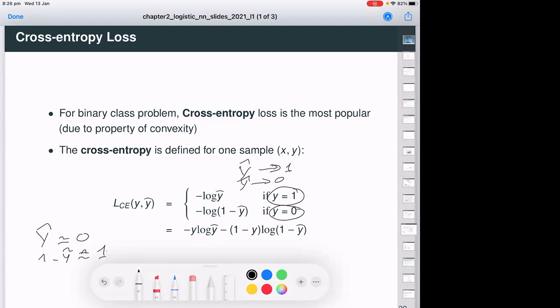Sorry, I made a mistake before. So my loss is very low, which is what I want, because my prediction is good. It's just to give you the intuition of the cross entropy, which has the desired properties for a loss function.